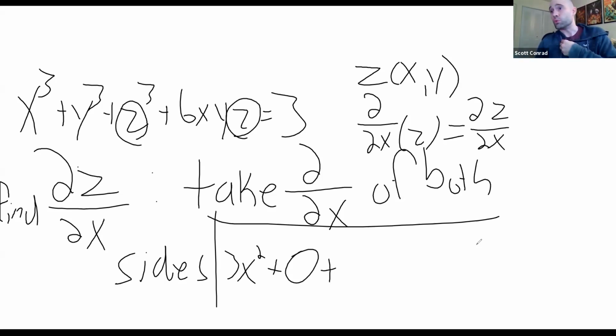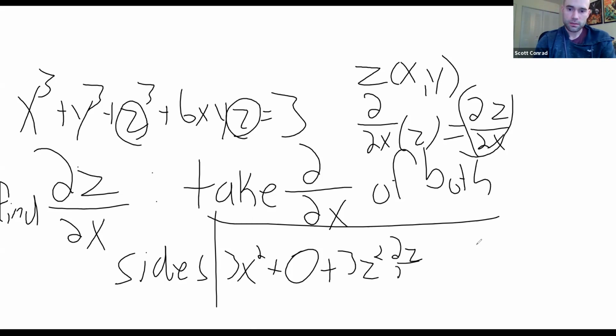And now z cubed. For z by itself, it would just become dz dx. But now it's z cubed, so you have to use the chain rule. Something cubed, when you take the derivative, becomes 3 times something squared. So we get 3z squared times the derivative of the inside, z, which becomes dz dx.